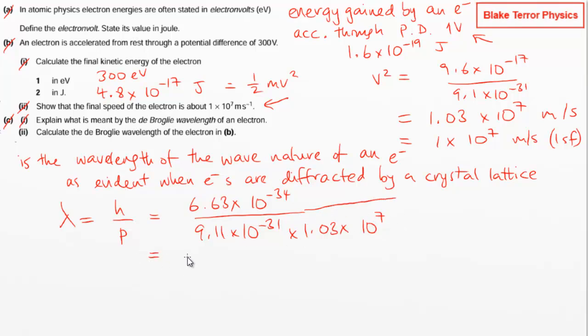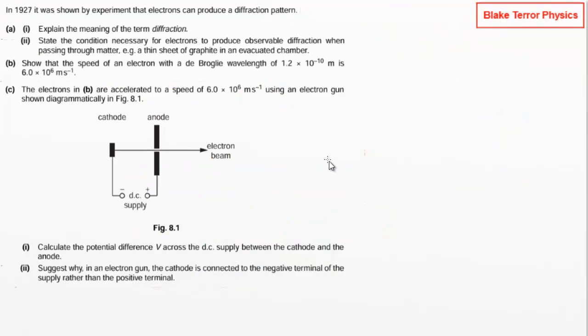That gives 7.066 times 10 to the minus 11 meters, so 7 times 10 to the minus 11 meters to one significant figure, as that's all they've given us. That was a nice, easy starter question.